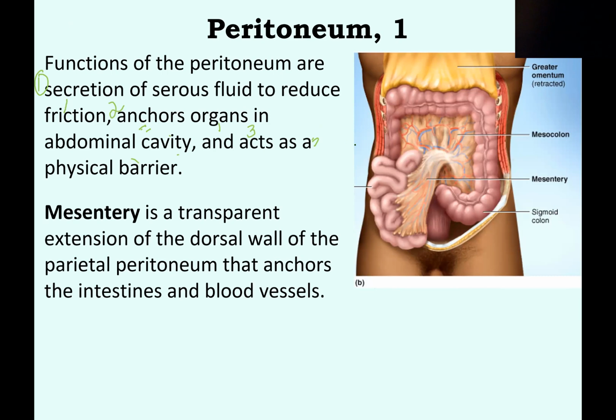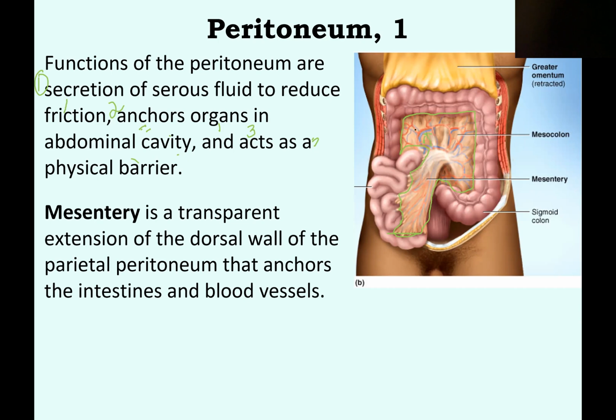The mesentery is a transparent structure, tissue that extends from the posterior wall of the abdominal cavity and extends out towards the intestines. So it's going to help with anchoring the intestines and the blood vessels.